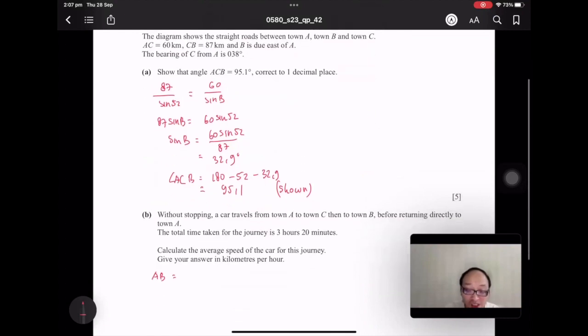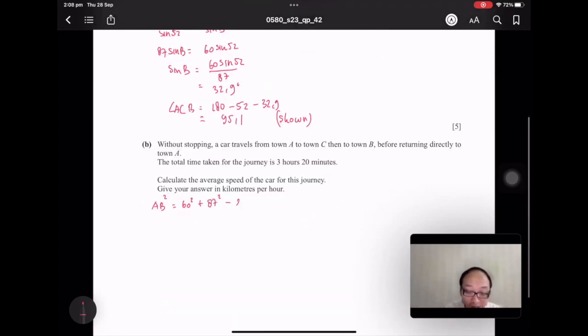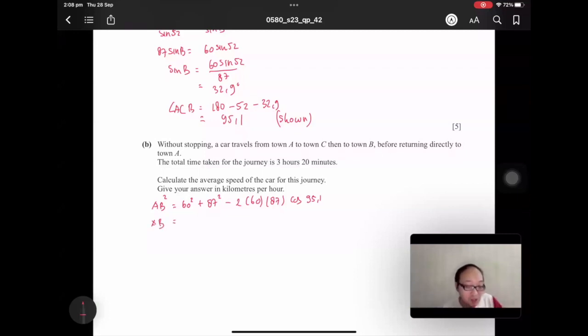So AB will be the square root of 60 squared plus 87 squared minus 2 times 60 times 87 cos 95.1. So it will be 109.99 kilometers.